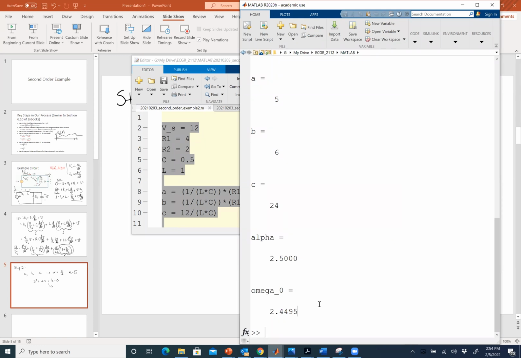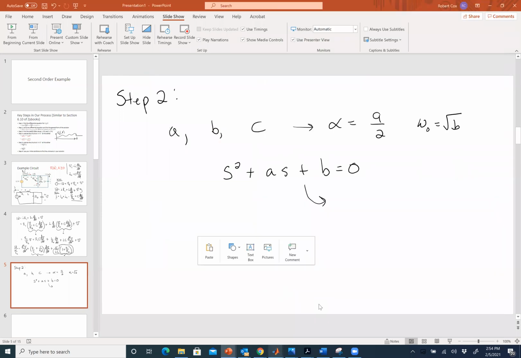So what happens in this case? Omega naught's a little bit less than alpha. So this guy is overdamped, because alpha is a little bit greater than omega naught.